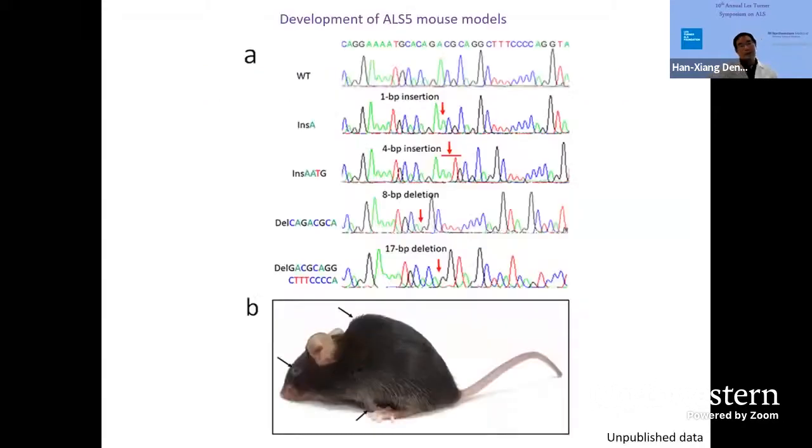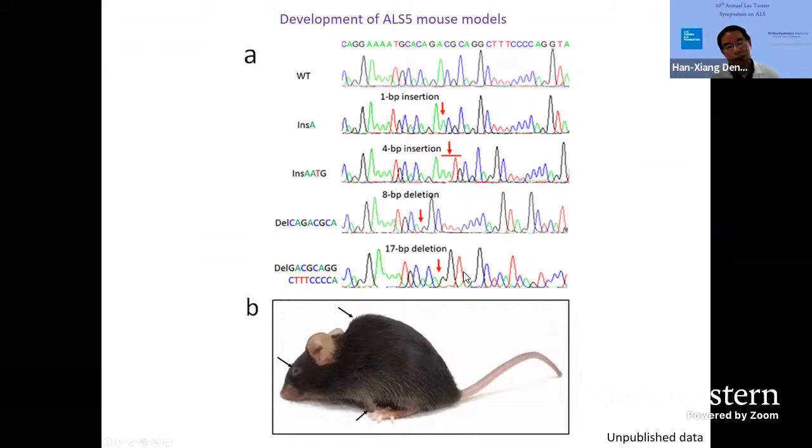So because the human samples are limited, and there are also some quality problems for testing additional markers to validate the structure, we developed the mouse model using CRISPR-Cas9. For example, this is wild type. This is a one base pair insertion, a 4 base pair insertion, an 8 base pair deletion, and a 17 base pair deletion.